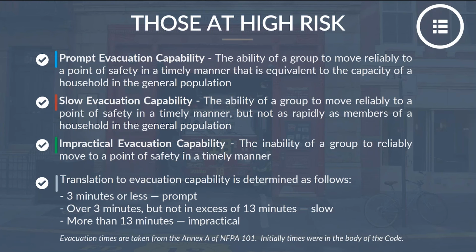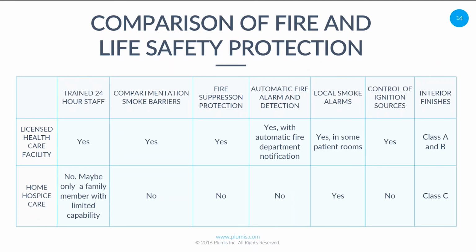So as we compare the level of fire and life safety protection in what we refer to as a licensed healthcare facility, this could be a nursing home or a residential board and care, compared to what we've referred to here as the hospice home care, what we would see in a 1 and 2 family dwelling. So if we look at several of these issues, trained 24-hour staff, obviously in a licensed healthcare facility that exists.